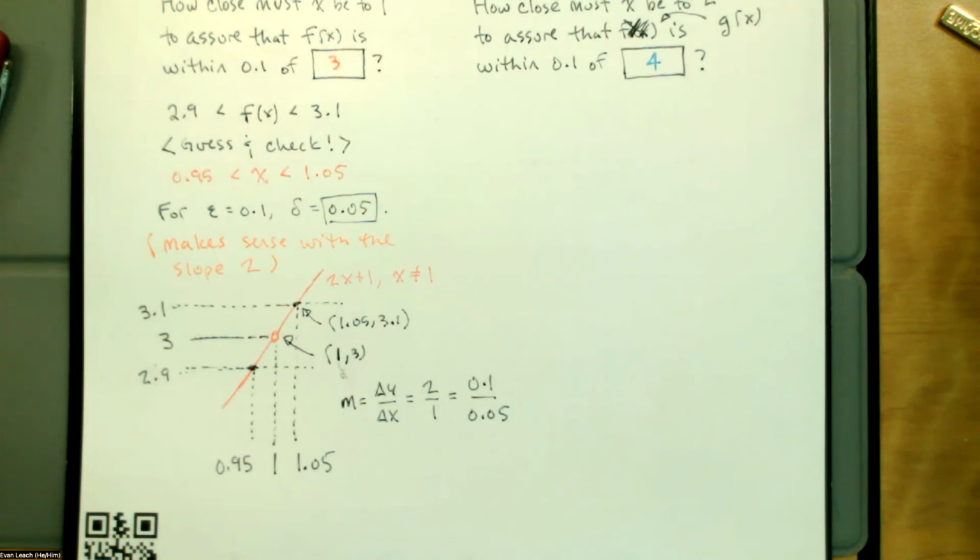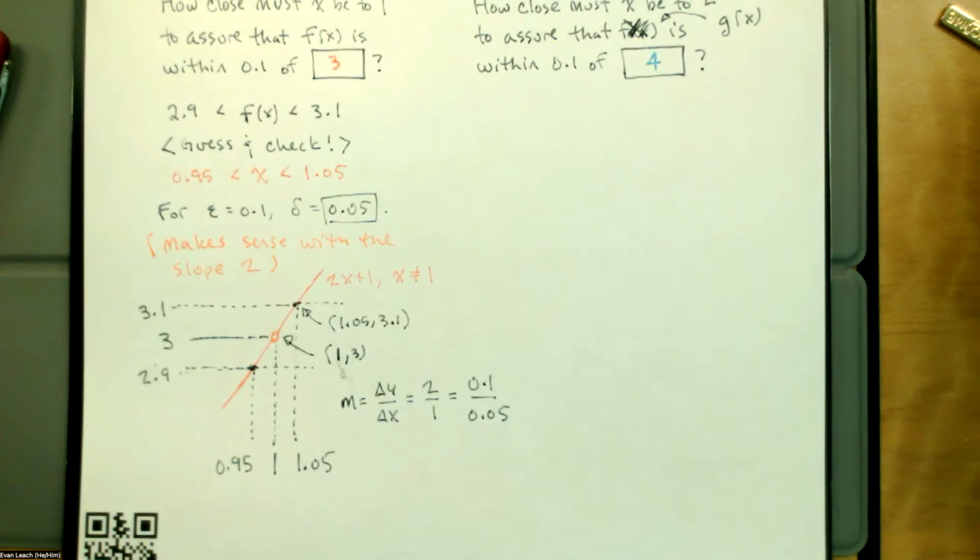Correct. What's close enough on one side might not be close enough on the other because of the square. In this case, everything was nice and even because we had a linear function. Let's see what happens over here.